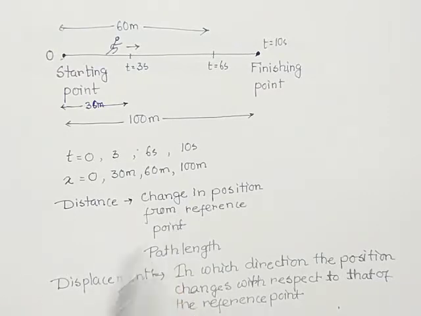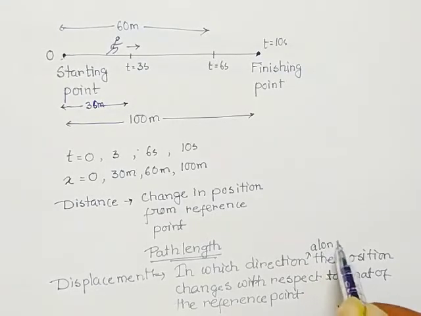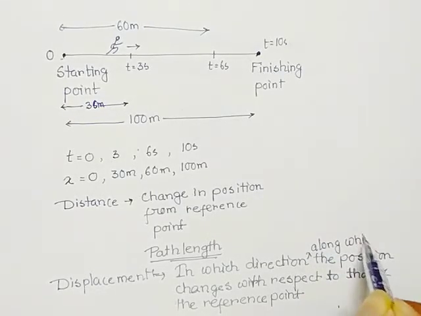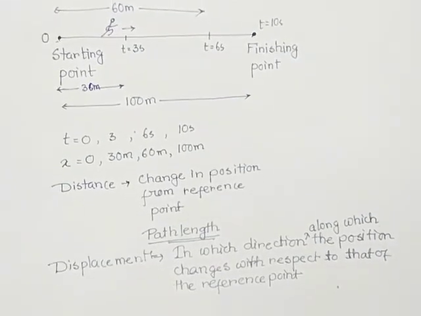So it is associated with a change in position from the reference point. It does not depend on the path along which the position changes, so the path length is not important here. It basically depends on the direction along which the position changes with respect to the reference point.